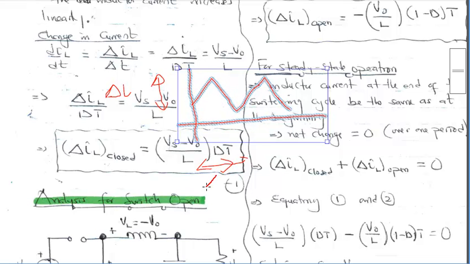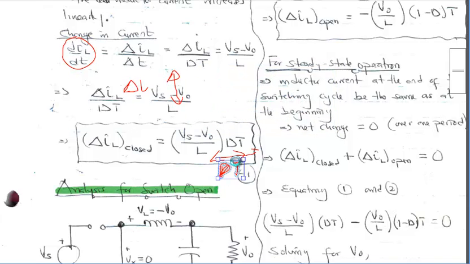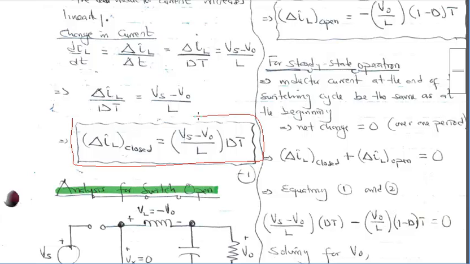The ratio of rise over run is the same as the gradient, and that is exactly what we are doing over here. So when the switch is closed, the relationship between the change in inductor current and the period is given by this expression. Let's go ahead and erase that to make our notes a bit clean.